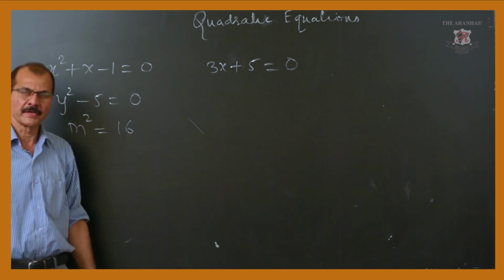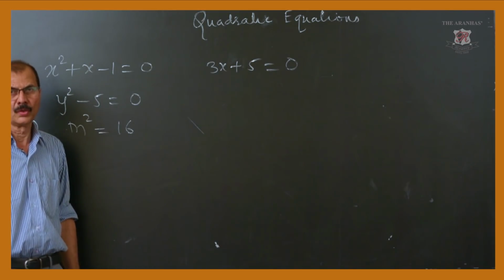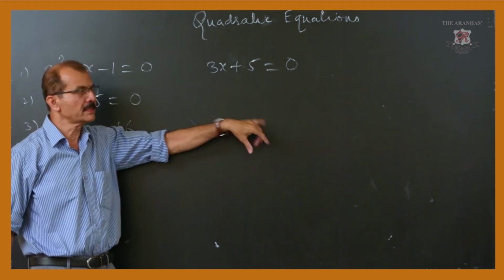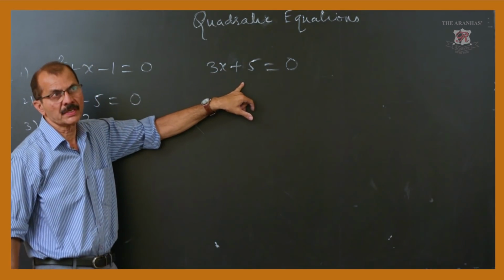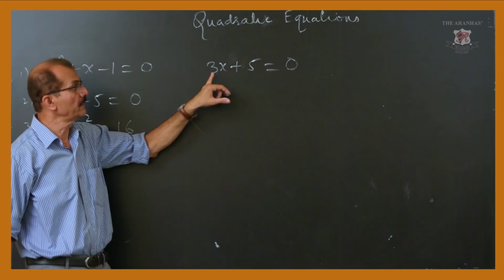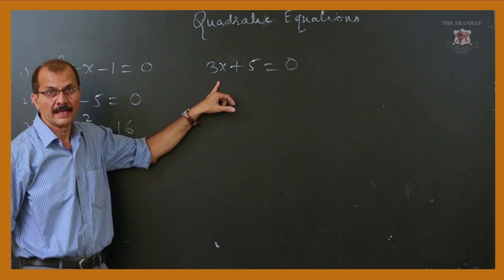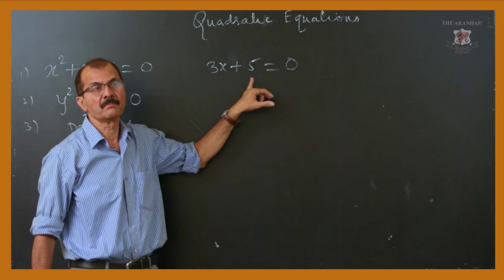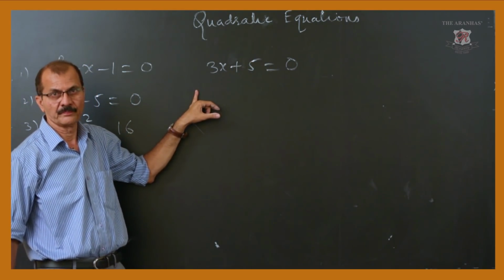Is this a quadratic equation? No. This is not a quadratic equation because the degree of this equation is not 2. The degree of this equation is 1, and therefore, this is not a quadratic equation, but a linear equation.